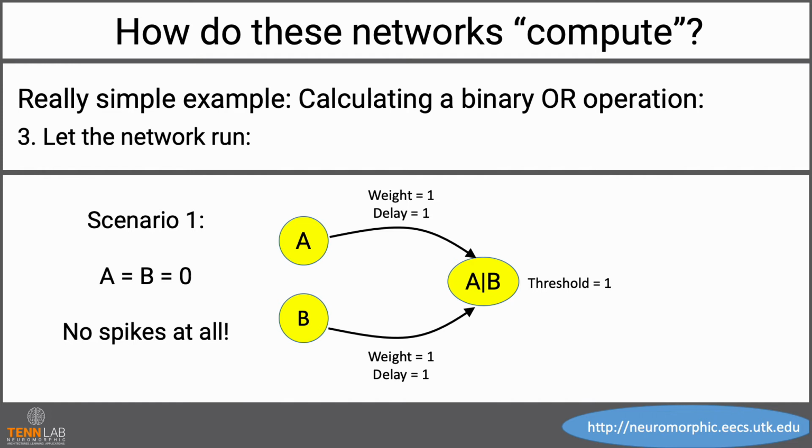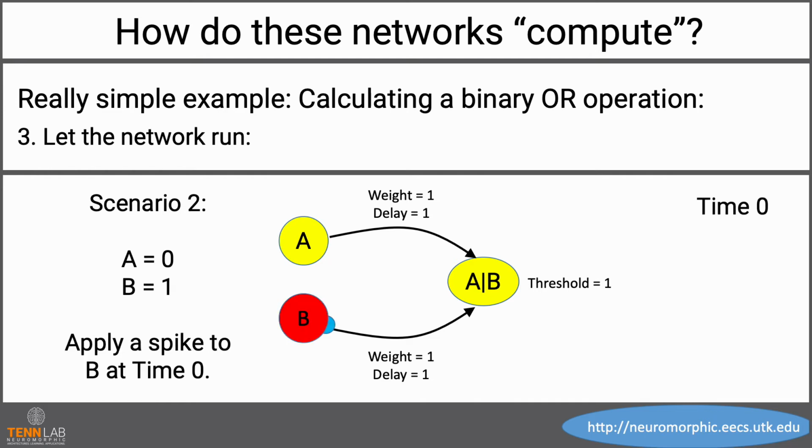Here's the first scenario. If our two inputs both equal 0, then there are no spikes, and the system doesn't spike. And that's a way of saying that 0 or 0 equals 0 because there's no spiking. In the second scenario, the value A is 0, but the value B is 1.